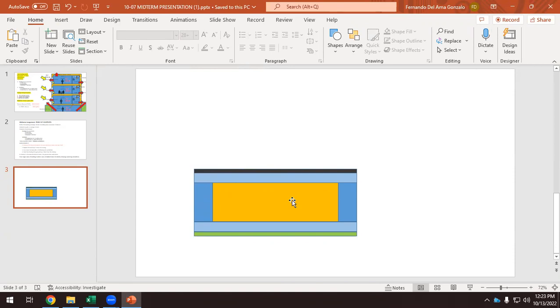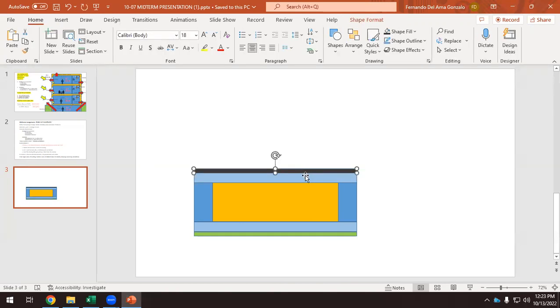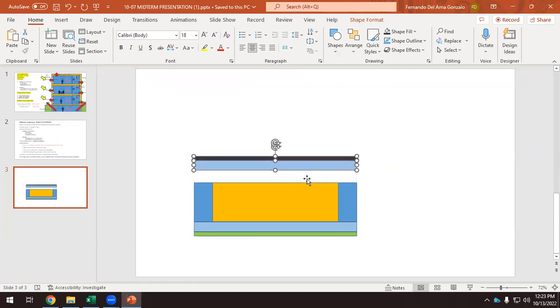But now, if we want to add 2 more inches of thermal insulation, probably we have to increase the thickness of the roof. So we have to move this up. And now I have to apply 2 more inches of thermal insulation here.